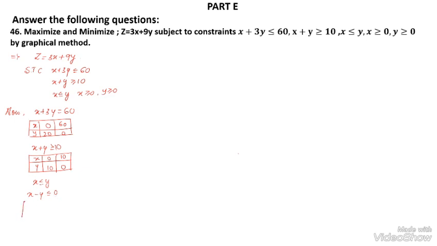So I can take the values here. x is 0, then y becomes 0. Again, x is 1, y is 1. Okay, the values are going like this. Now, I can take the graph for these values.